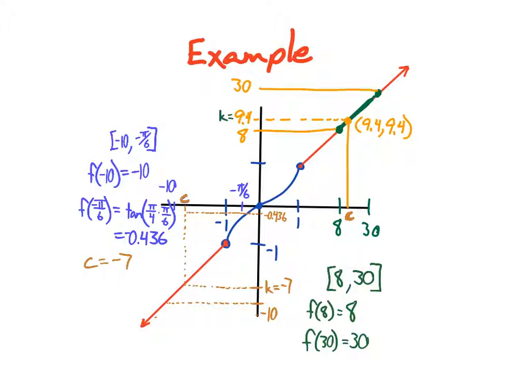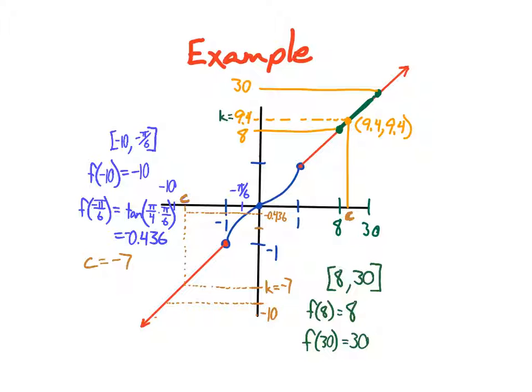Because at -5, I would be over here on this portion of the function, and that's the portion where y equals x. Okay? But if I have like -0.5, that's a good question.